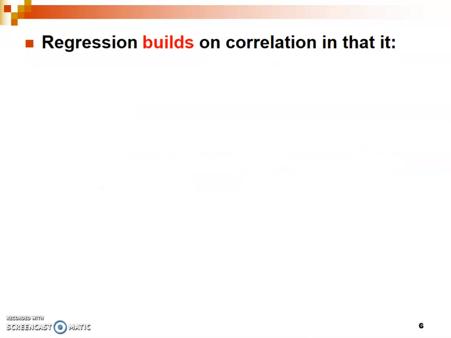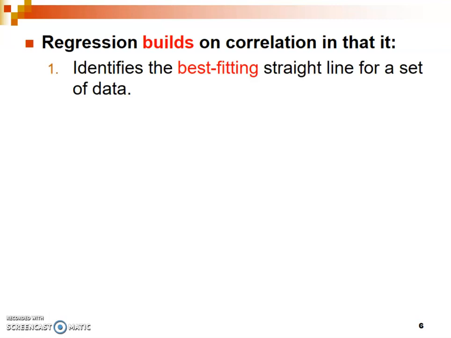Regression builds on that, in that regression allows you to identify that line. I will teach you how to identify and create the line that best explains the data. We call this the best fitting line for our data.